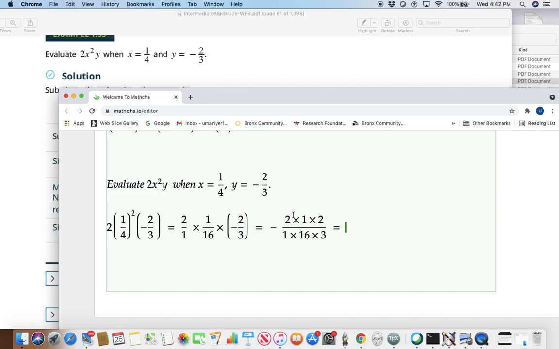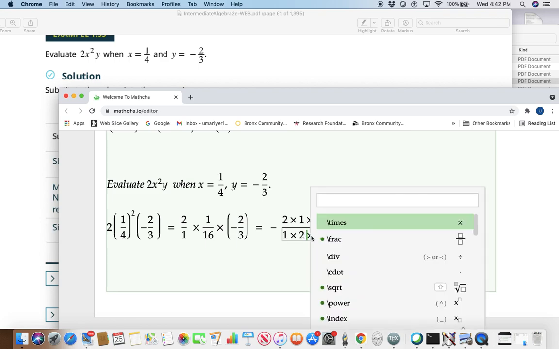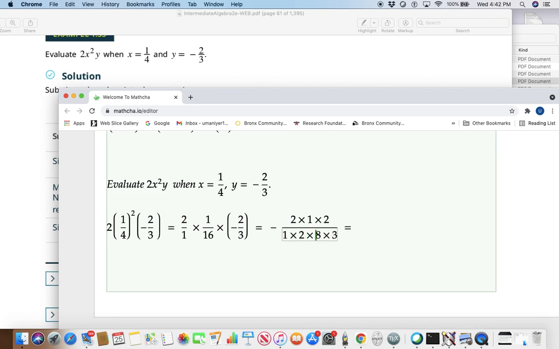So notice 2 reduces 16, right? 2 times 8 is 16, so one of the 2's is going to get cancelled. Now, what about that 2? That 2 will also reduce it into a 4. So eventually, the answer is 1 above, 12 below, and don't forget the negative.